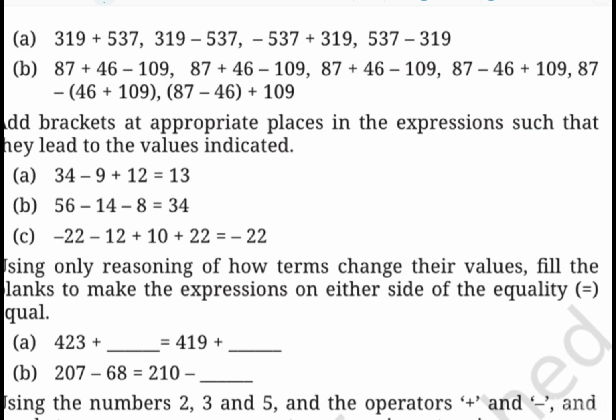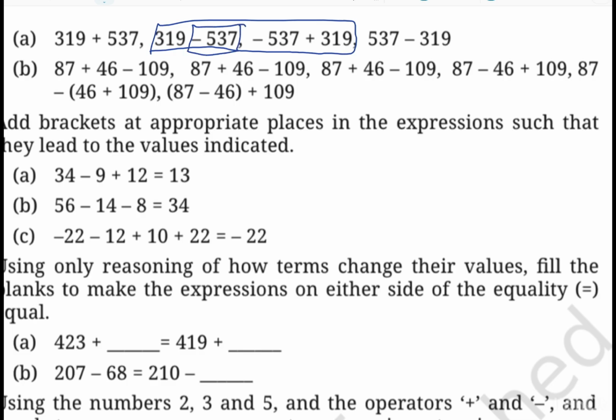Second one is 319 minus 537. And the fourth one is minus 537 plus 319, and 537 minus 319.